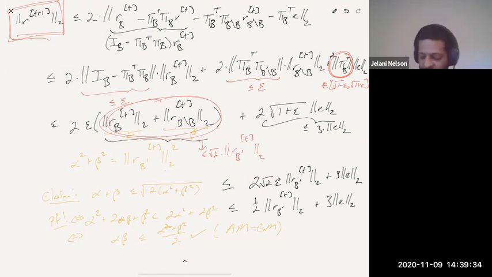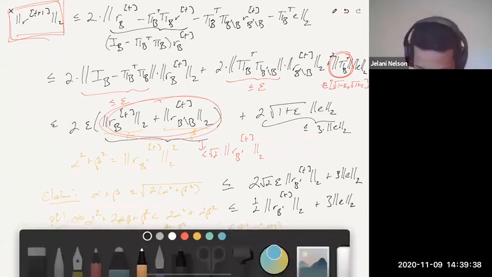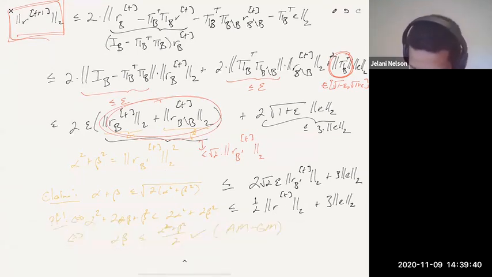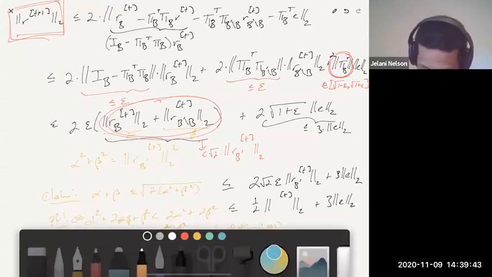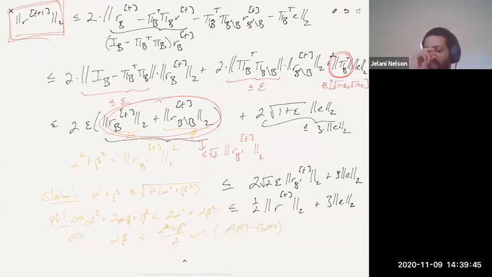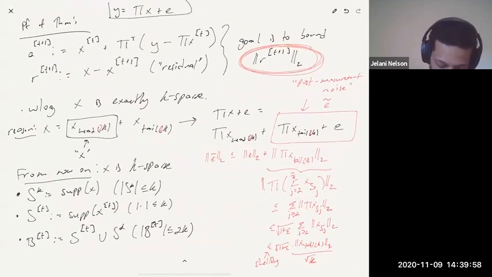And by the way, RTB prime is also known as RT. You don't need the B prime there, right? Because what is RT? RT is X minus XT. X has its support contained in B prime by definition. By definition, B prime contains S star.